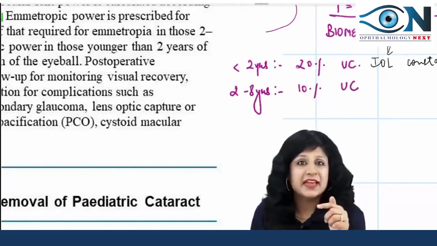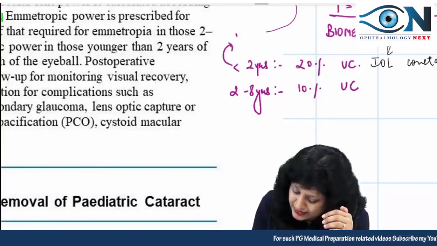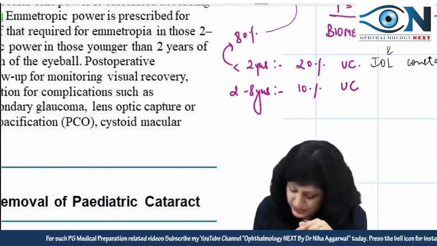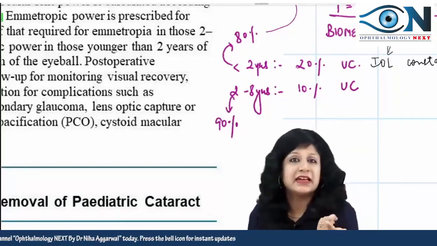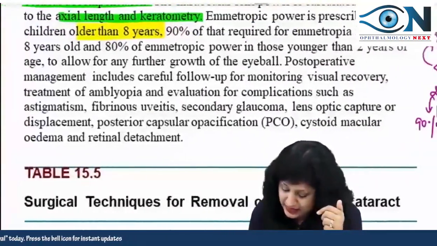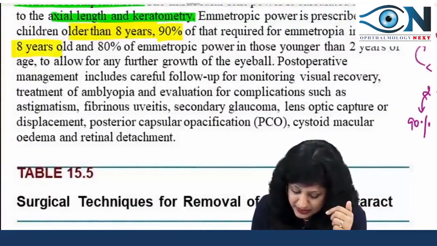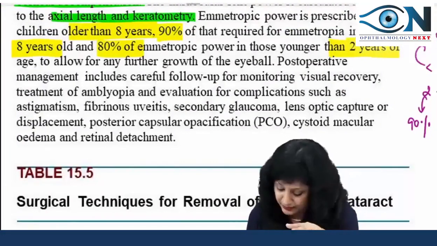In other words, I give 80% of the correction to those less than 2 years, and 90% of the correction to those between 2 to 8 years. I hope that is the same thing.